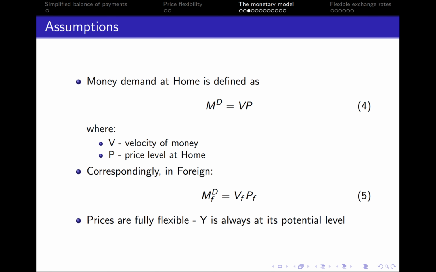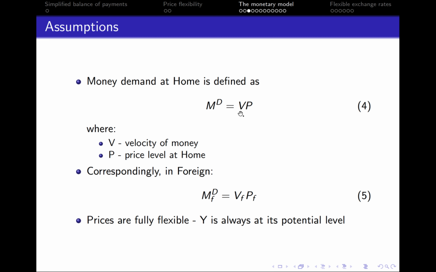So now we need to define the money demand. Money demand in our model is going to be given by the Cambridge money demand expression, where money demand is equal to velocity of money times the price level at home. And look, we're going to assume that velocity of money is constant.